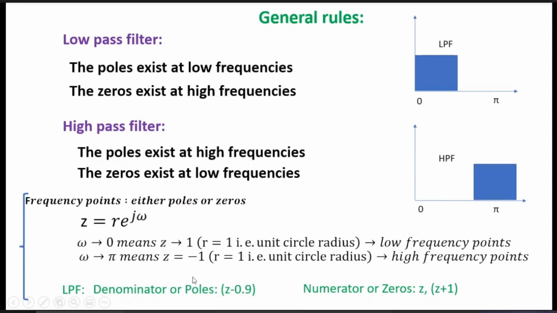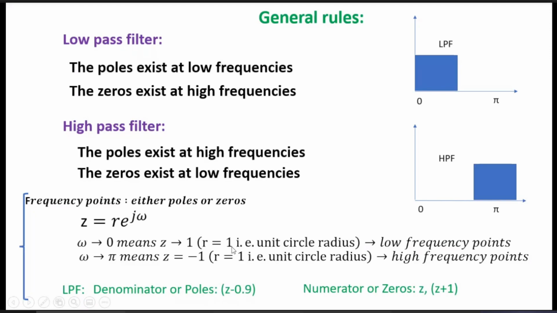Now see, if omega tends to zero, then z tends to 1.